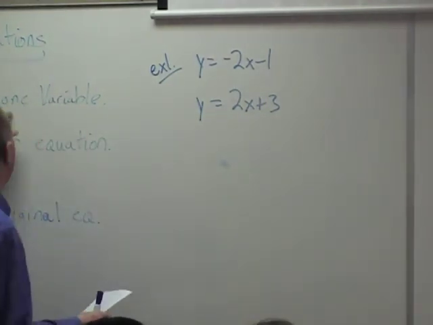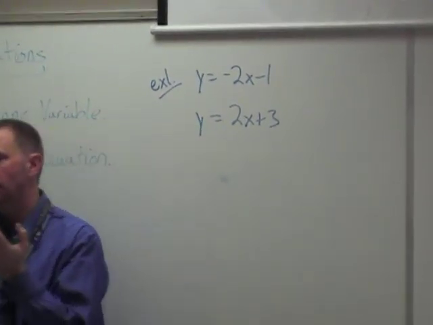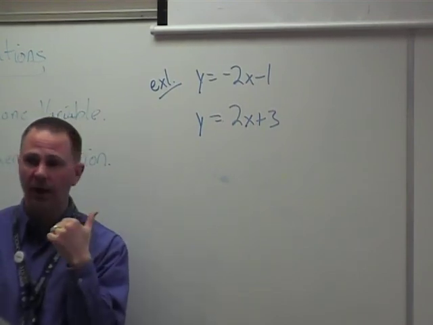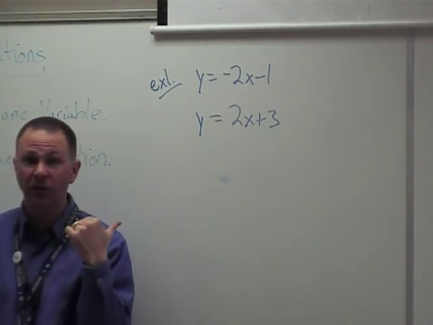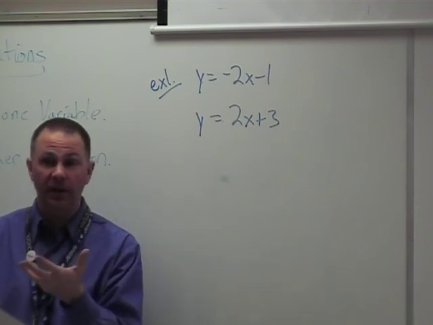Step 1, solve one of the equations for one variable, meaning get one equation to have one letter by itself. Do we already have that? Yeah, both of them are solved for one variable, aren't they? So step 1 is actually done.